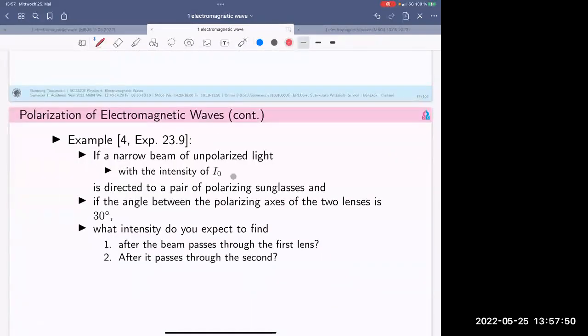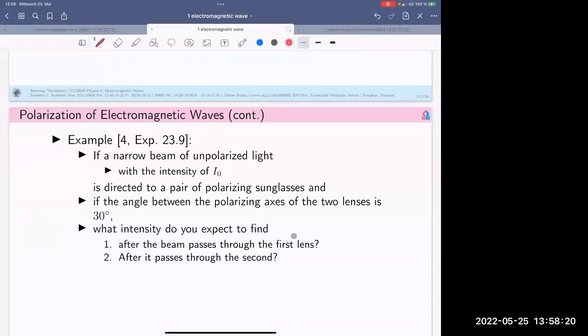Here we start with the intensity of I0 at the beginning. It is directed to a pair of polarizing sunglasses, so we have two pieces of polarizing filters, right? If the angle between the polarizing axes of the two lenses is 30 degrees, let's see.